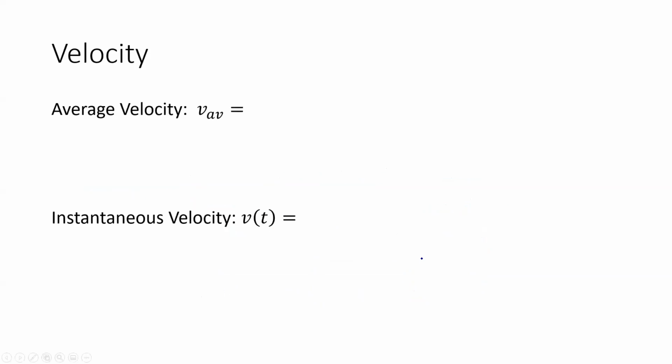So now if we're thinking about the average velocity, then we're thinking of the change in position over the change in time, right? Which is really just the average velocity would be f of a plus delta t minus f of a over delta t.